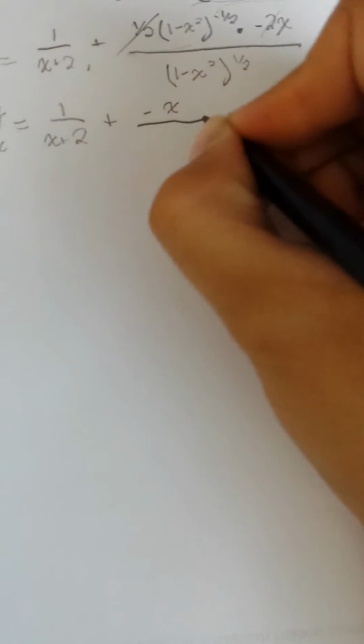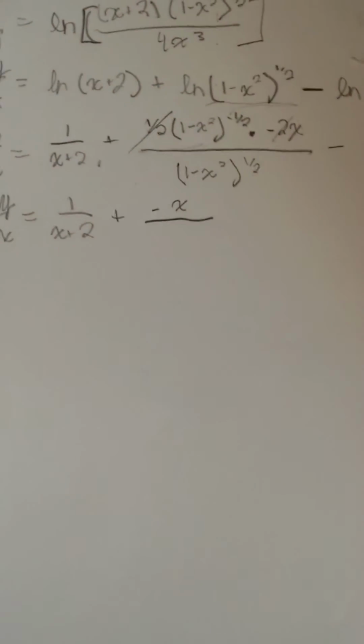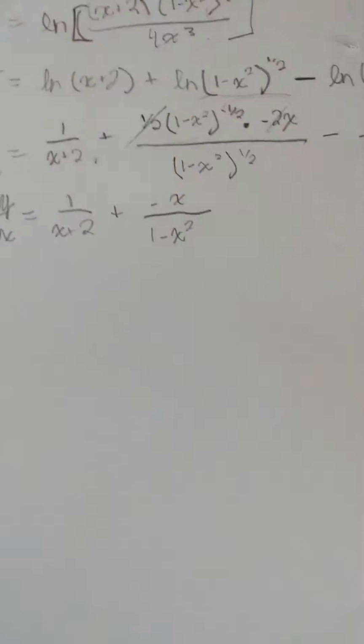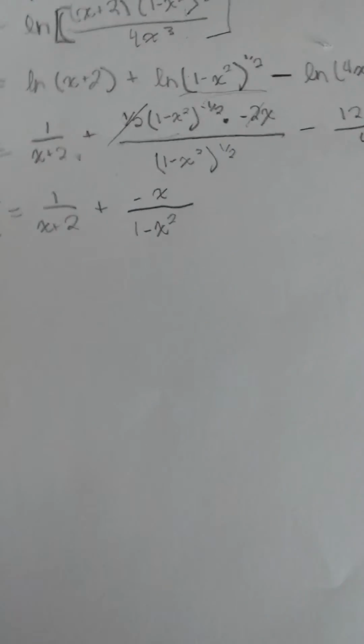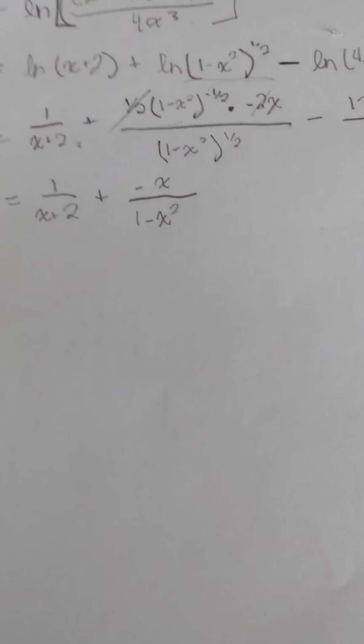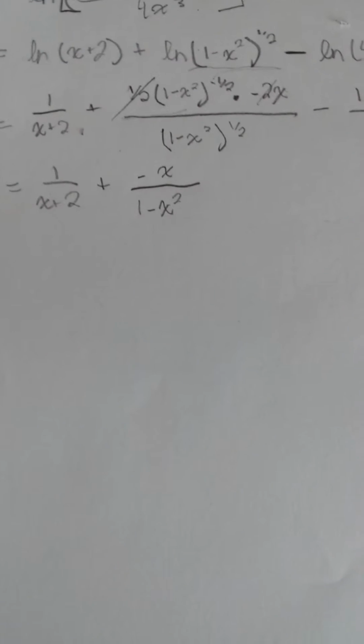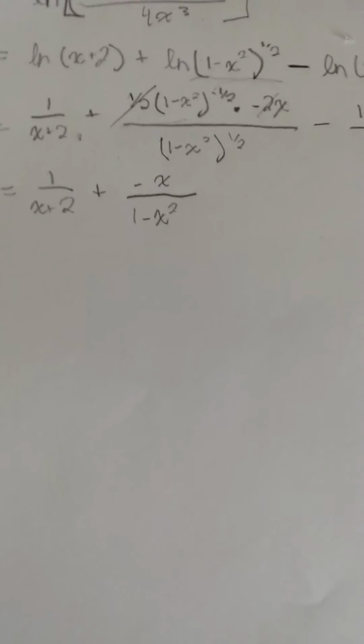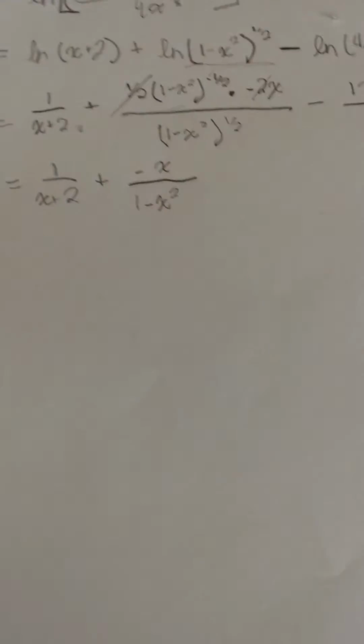And then you have your plus, okay, so this negative 2 cancels with this 1/2, so you just have negative x over 1 minus x squared, because you gotta bring this negative 1/2 down. Well, 1 minus x squared raised to the 1/2 times 1 minus x squared raised to the 1/2 is 1 minus x squared raised to the 1. So you just have negative x over 1 minus x squared.